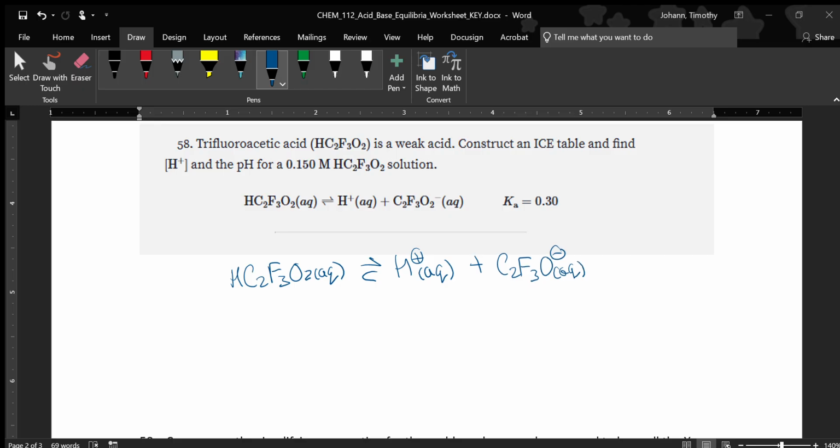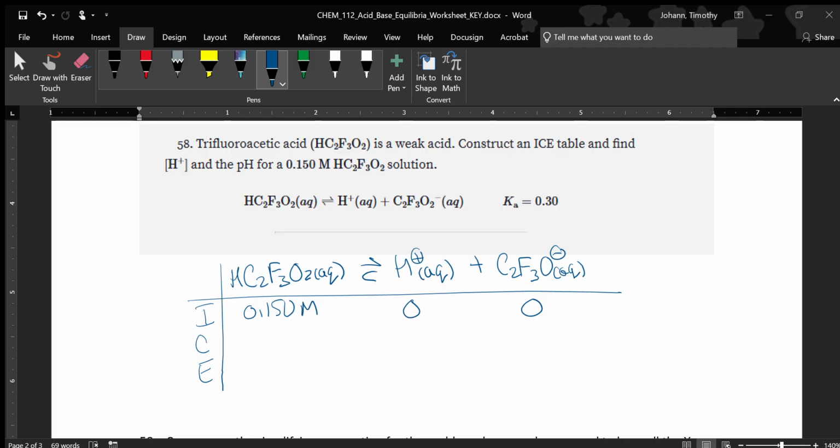Okay, we'll do it like that. And then we have our initial, our change, and our equilibrium concentrations. Our initial is 0.150 molar, and then we're going to have 0 of that and 0 of that.